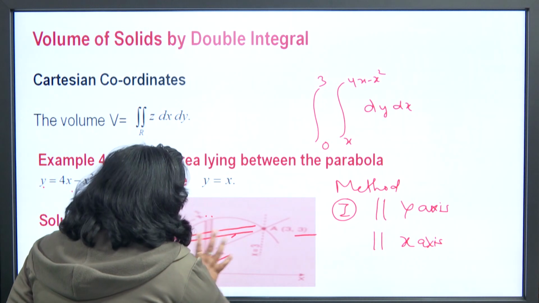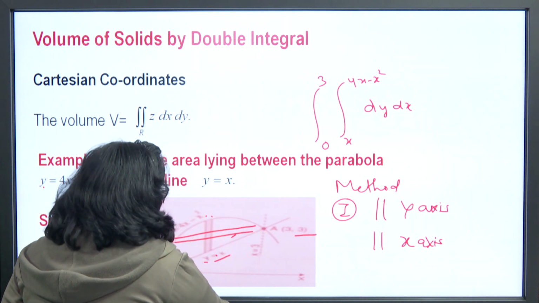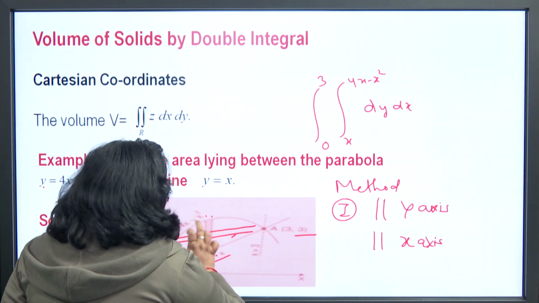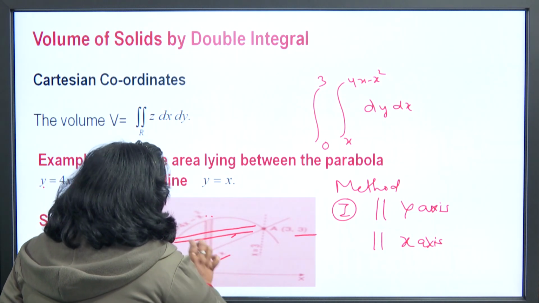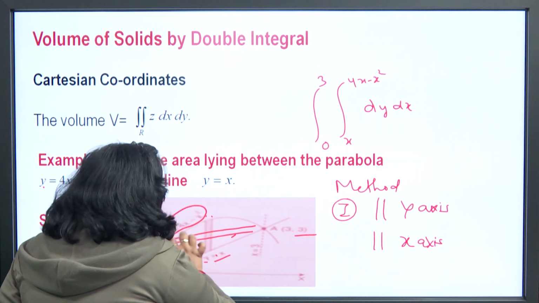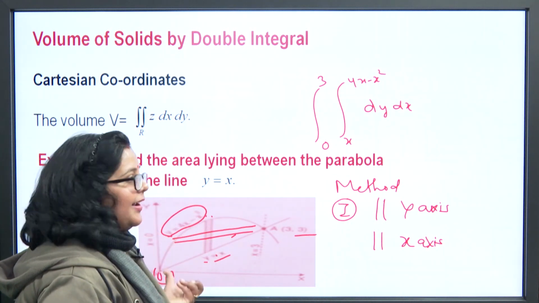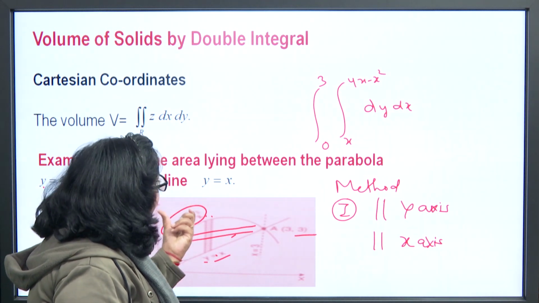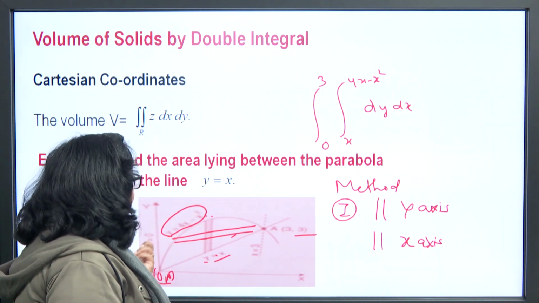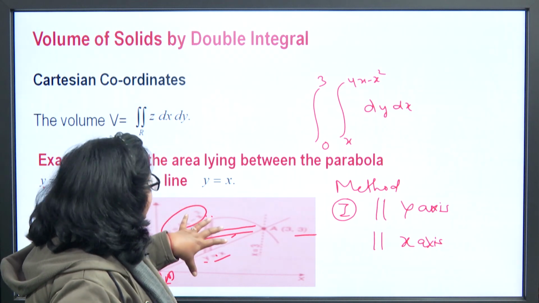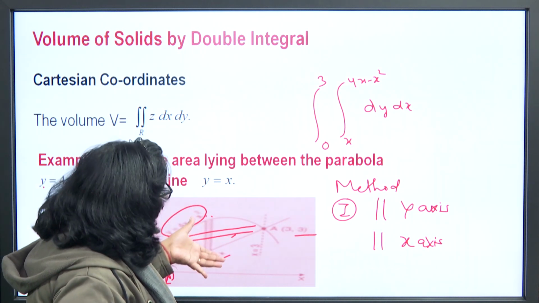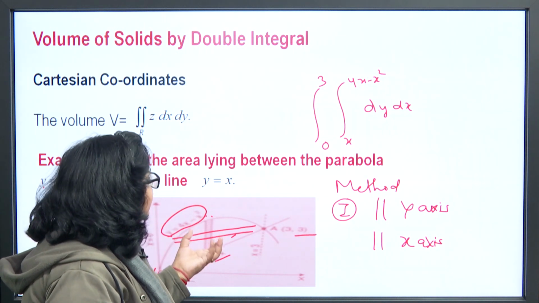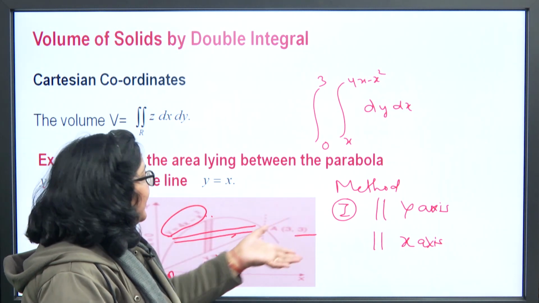If we draw the strip parallel to the x axis, what is the limit? We would find the limit of x in the function of y, and we can see that x in the form of y is not easy here. So when x is not easy in the form of y, we use the other method and draw the strip parallel to the y axis, which is easier here.